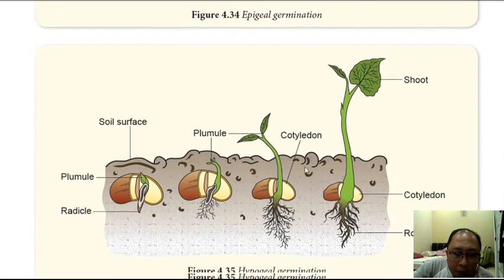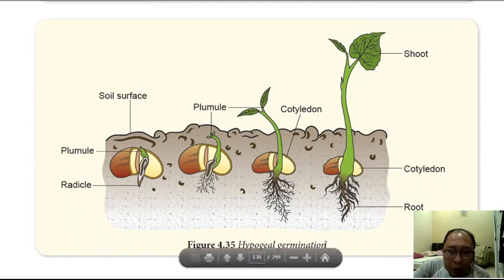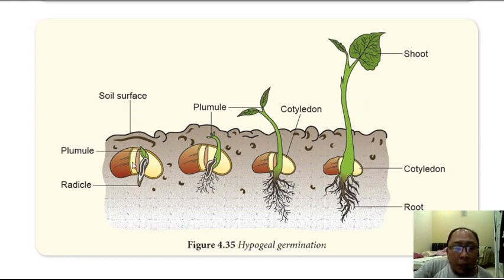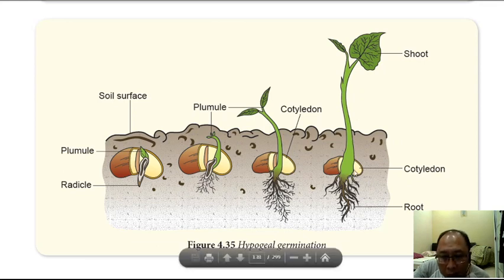So next we look into hypogeal germination. Hypogeal germination refers to the seed whose cotyledon stays inside the soil, and the plant will come out from the soil without bringing along the cotyledon.